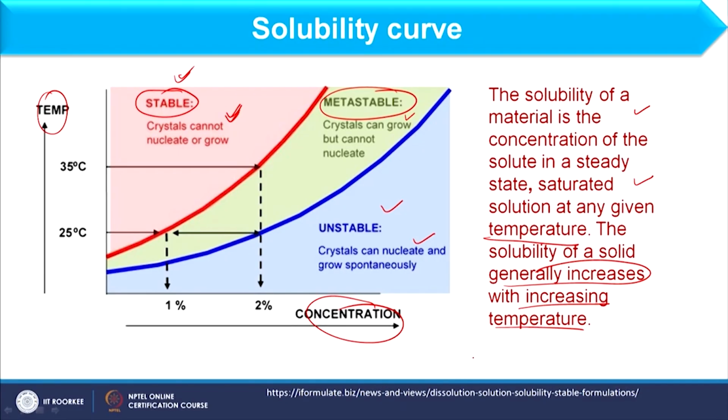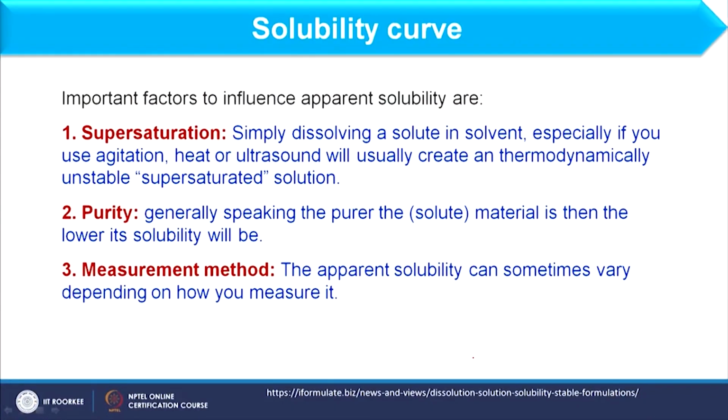So, this is basically the solubility curve where you can focus on how much solute should be dissolved in the solvent at a particular temperature so that crystals can be formed. This is the basic aim of the solubility curve. Next we have some important factors which affect the apparent solubility. The first is supersaturation, a very important point.